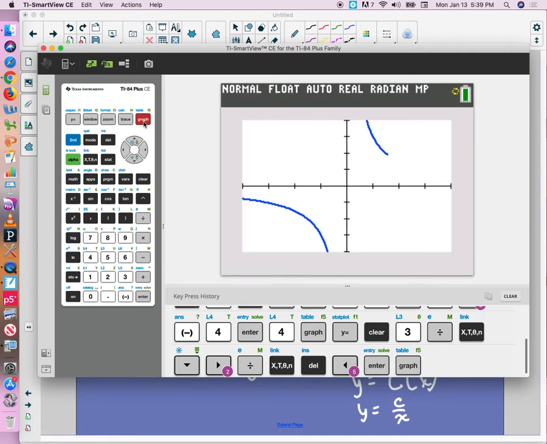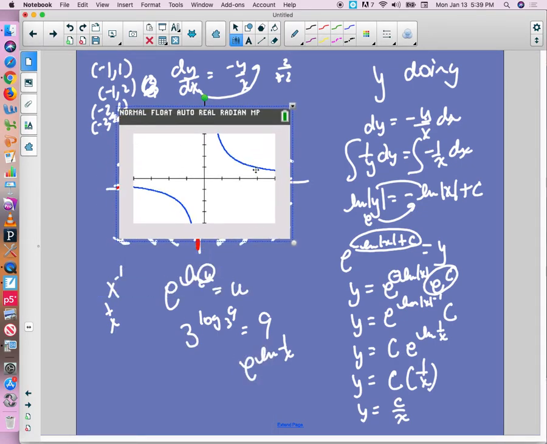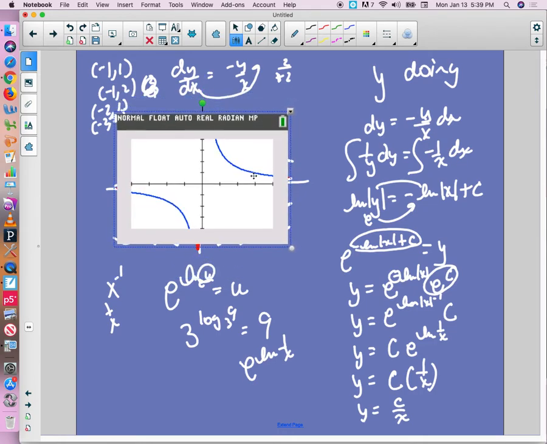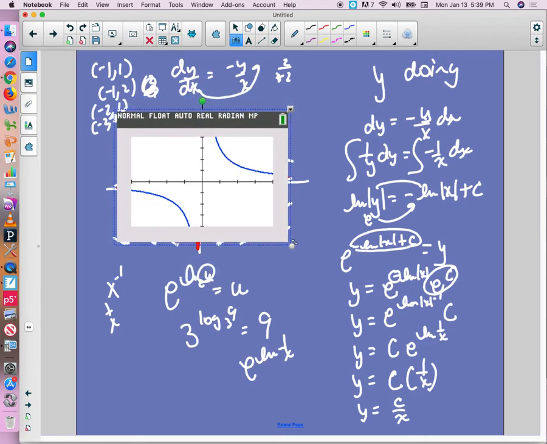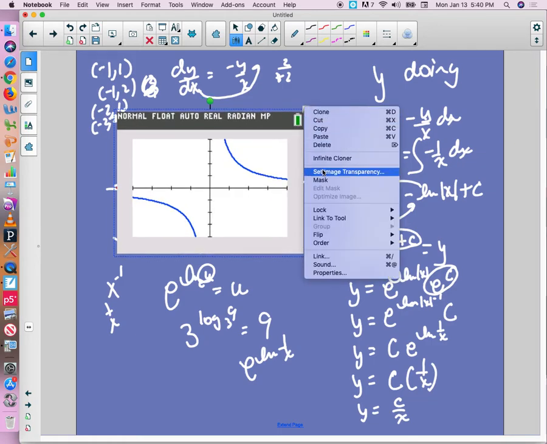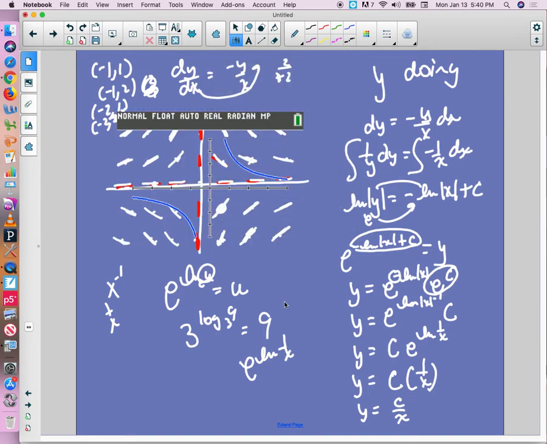So graph, you see how that fits in with one of our slope fields right there, if you can see it. I think I can even be cooler than that, make it transparent. You can see how if I position it a little bit differently it would fit that slope field.